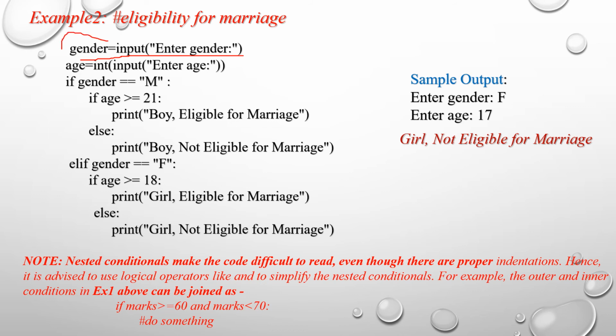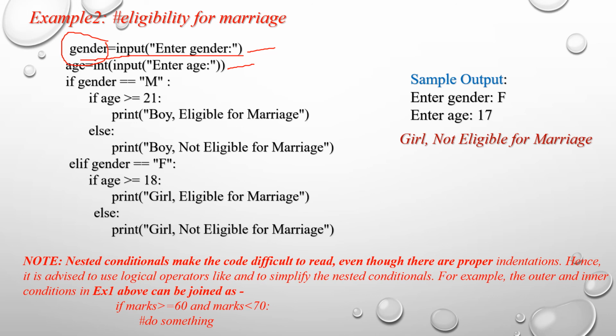Gender is the variable name, and in the second statement we say age is equal to the type conversion function int of input of enter age. So this is the one input we stored in gender, and this is the second input. The second input is in the form of an integer that we saved in age.